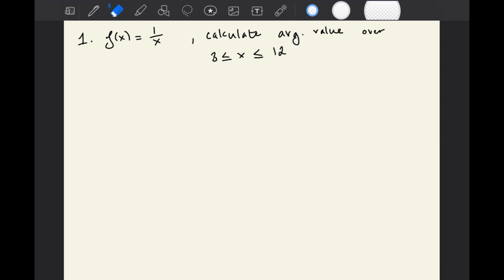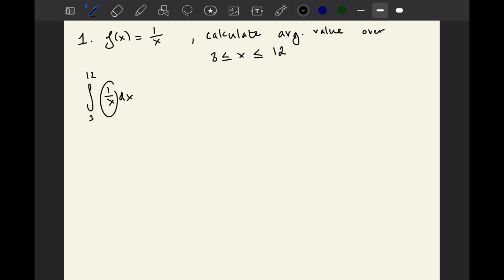Alright, so our first question over here, we have a function which is just 1 over x, and we have to calculate the average value, which is just the average height, over the interval 3 to 12. So let's think what we need. We need the area and we need the base. The base is pretty self-explanatory, so let's find the area first. The area would be the integral from 3 to 12 of 1 over x dx.